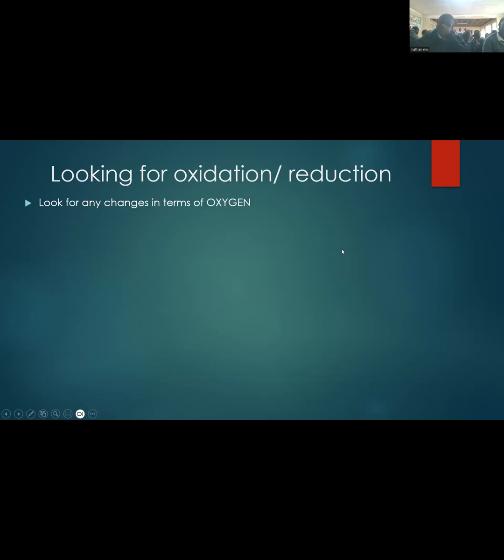If you are looking at an equation, look at oxygens. If there are oxygens, is something gaining or losing oxygens? Gaining oxygen is oxidation. I'm sure most of you know this, but if you don't, it would be worth writing down. So if something picks up oxygen, then it is being oxidized. If something loses oxygen, it is being reduced.